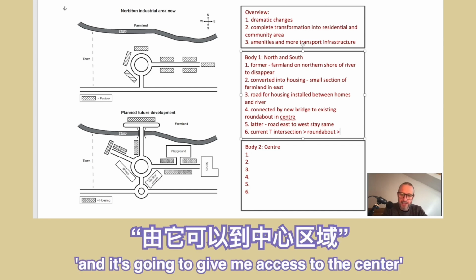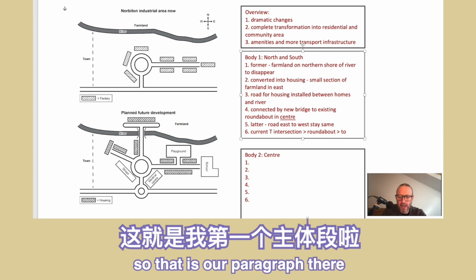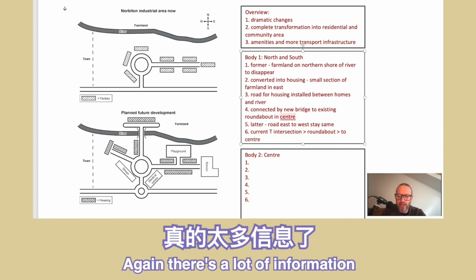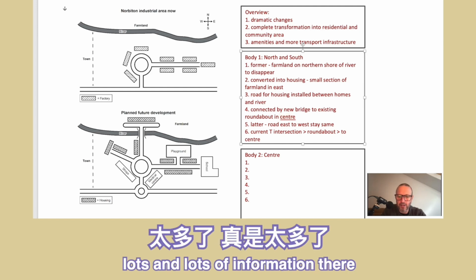And it's going to give me access to the center. Okay, access to the center. So that is our paragraph there. Again, there's a lot of information. Lots and lots of information there.